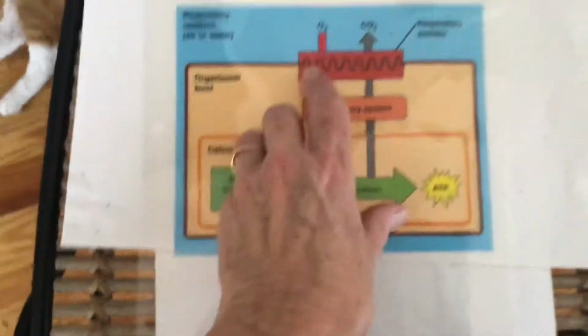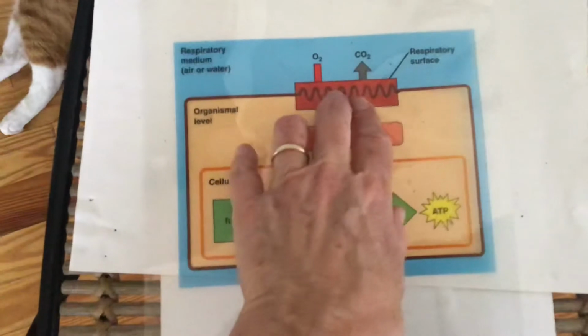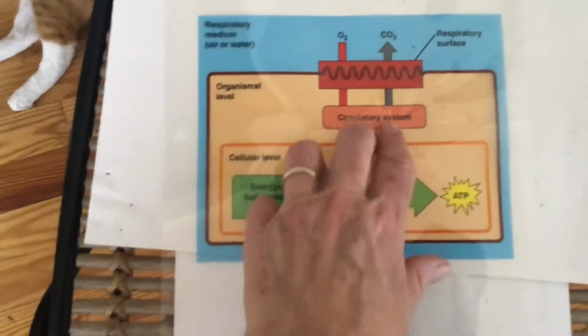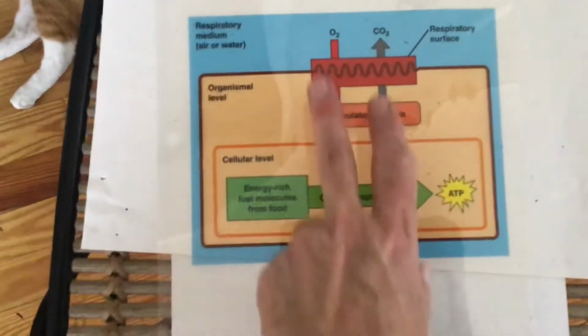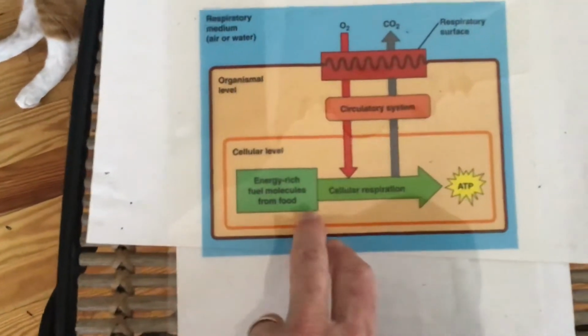So what's happening is we have a gas exchange into either some vessel or some way, and then that's going to go into the circulatory system, and then be taken to the body cells where cellular respiration can occur. So I should have probably put that earlier. Okay, so let's look at the lungs.